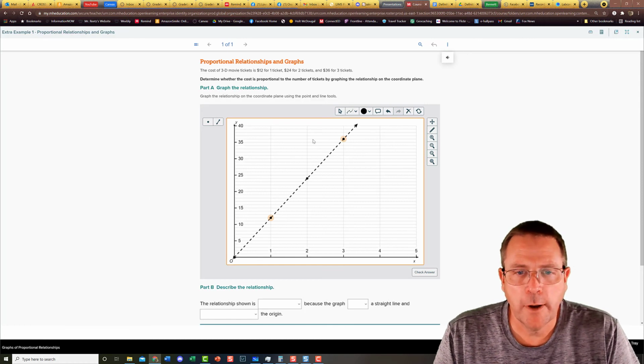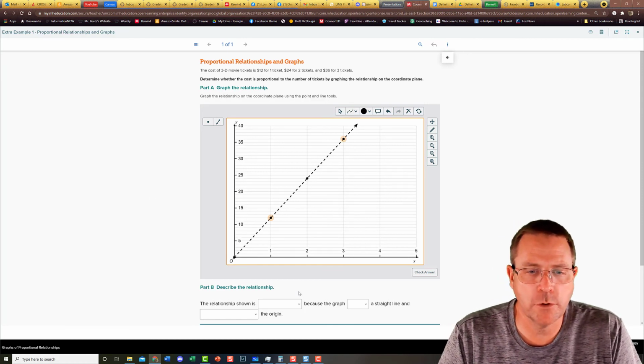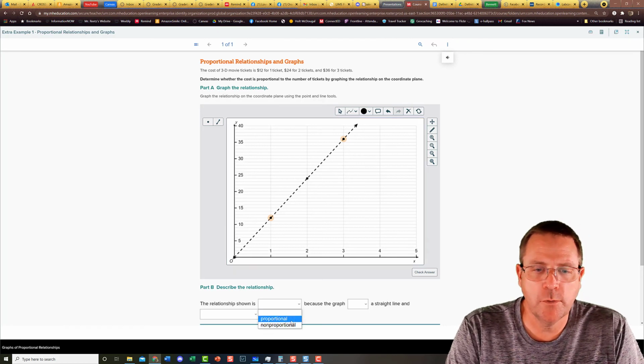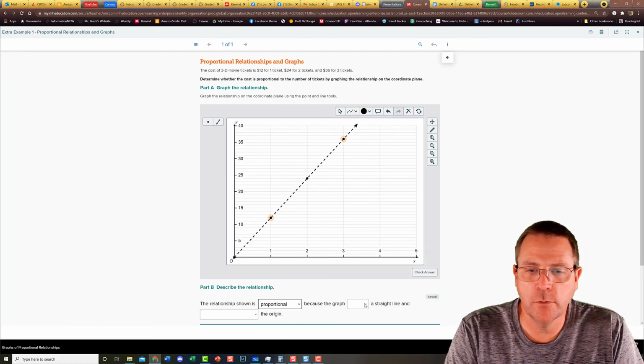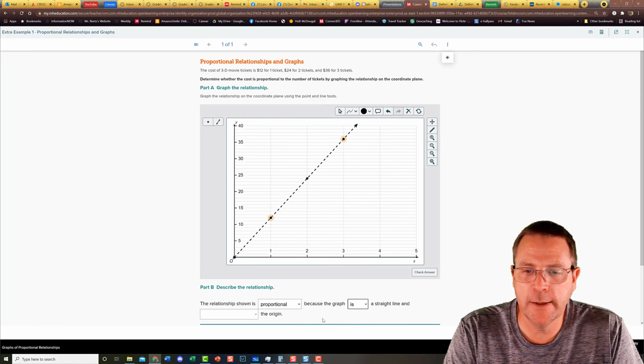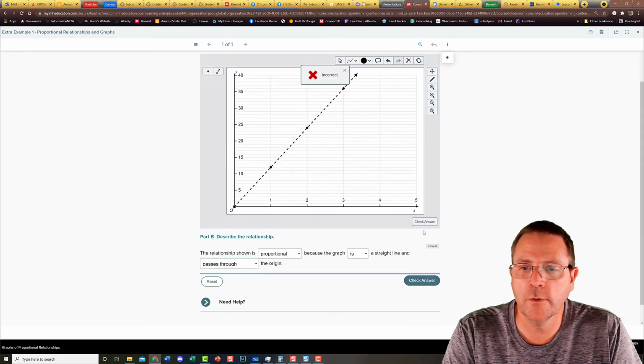So when I graphed it, it gave me a straight line, as you can see here. It goes through the origin. The relationship shown is going to be proportional because the graph is a straight line and it does pass through the origin. Check our answers here. That one, is that incorrect? Shouldn't be. And this one here is correct.